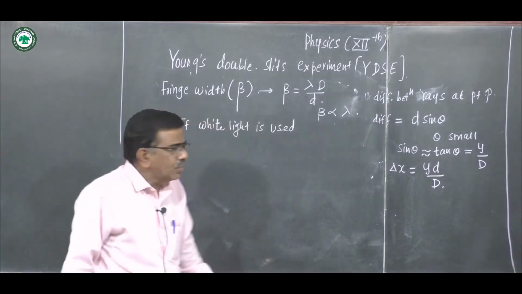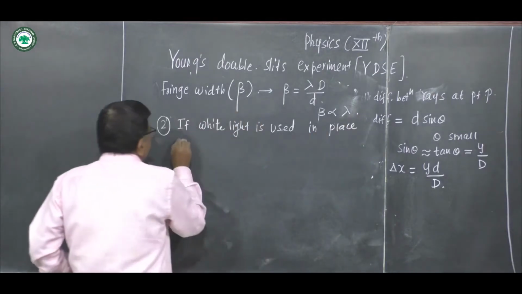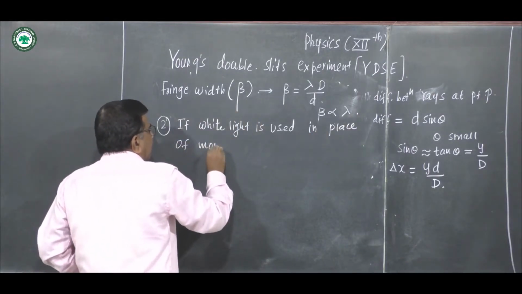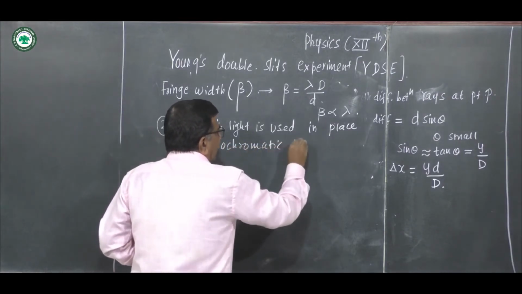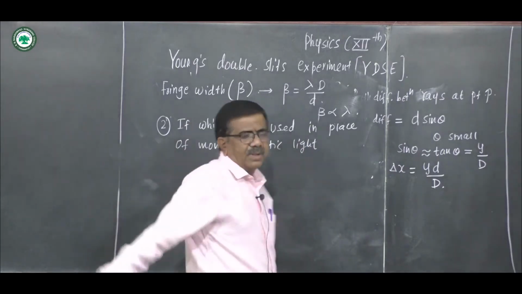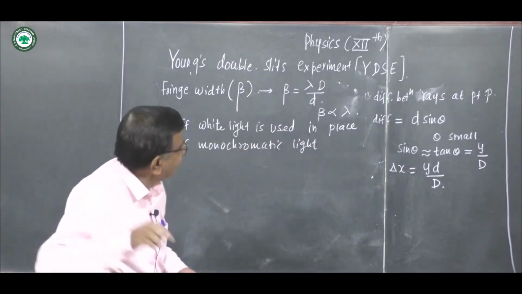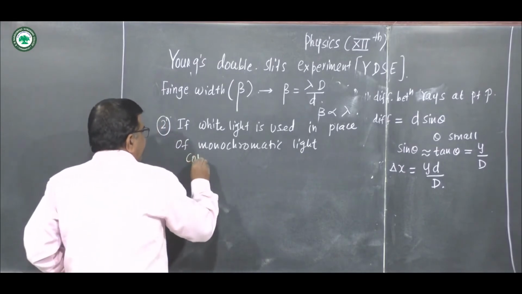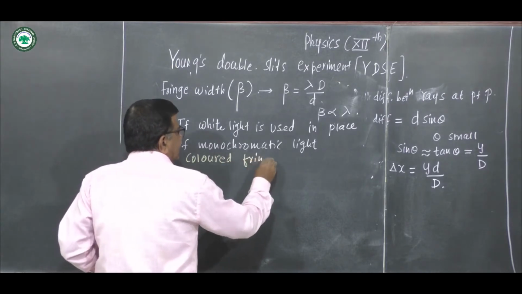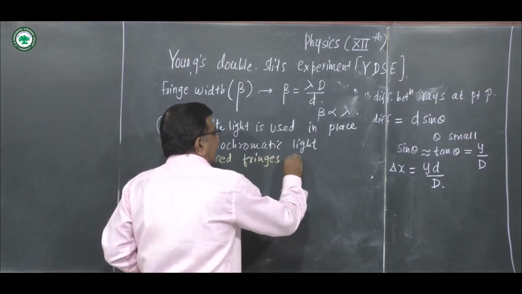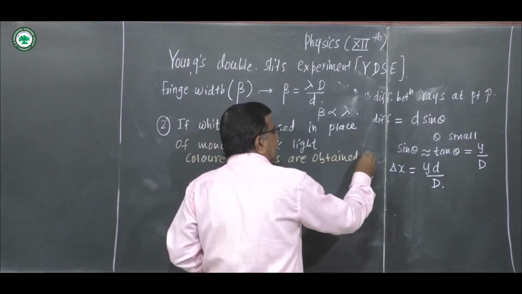If white light is used in place of monochromatic light, colored fringes are obtained on the screen. Instead of bright and dark fringes, colored fringes are obtained, because it consists of 7 colors.